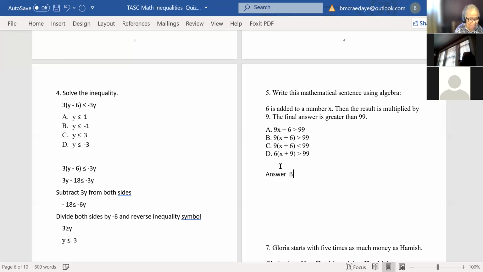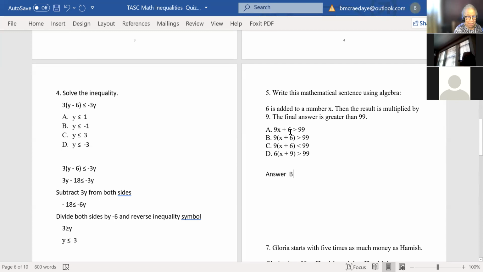You got it. Very good. Because it said 6 is added to a number x. The result, right? x plus 6, the result of this is multiplied by 9 and greater than 99. See, it can't be A because A says 9 is multiplied by a number and then 6 is added.